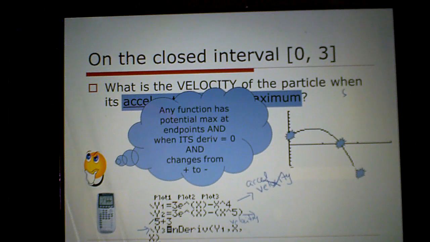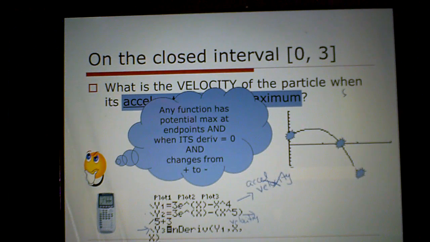Here I have endpoints and where the derivative of velocity, right? The derivative of velocity is acceleration. So I'm looking at a derivative. Since this derivative was easy to find, I could have graphed y2. I just already had the derivative from the warm-up.